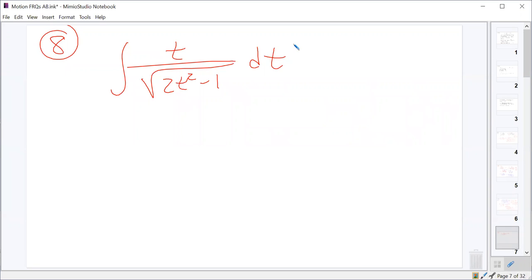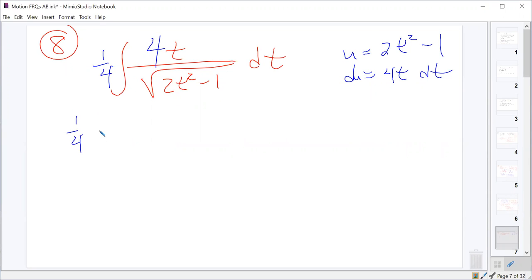We'll let u equal 2t squared minus 1. So same thing as the last one. Take the thing inside the square root in the denominator and let that be your u. Du will be 4t dt. So now we have 4t dt. We'll put a 1/4 out front. We end up with 1/4 the integral of du over root u.